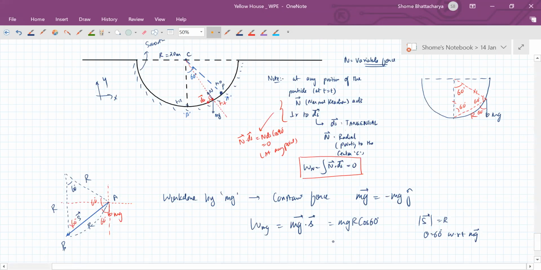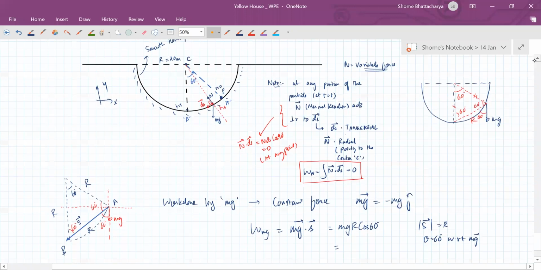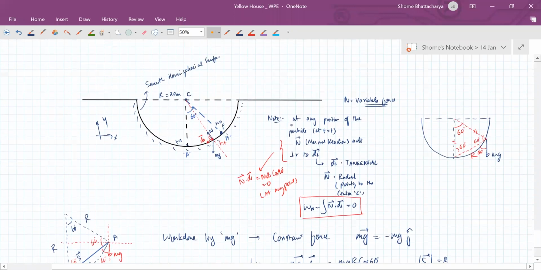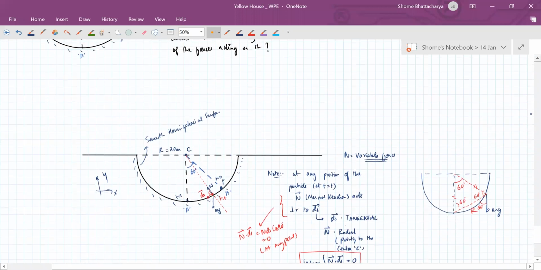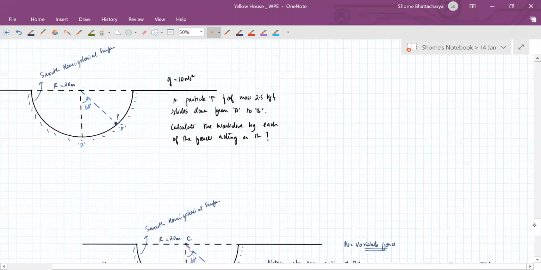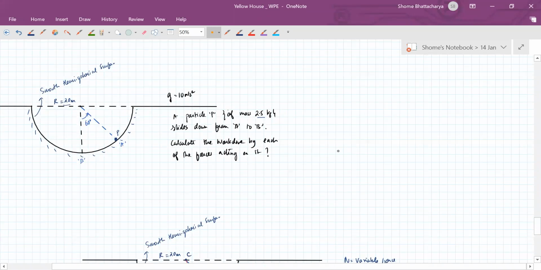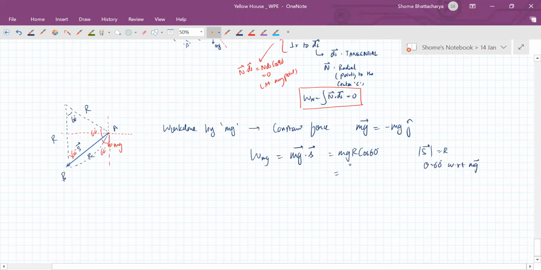So you can see here the work done by mg will be mass of the particle was 2.5 kg, okay, and g we are taking as 10, and the radius was 20 meters, into cos 60, which is half. 25 into 10, so 250 joules.